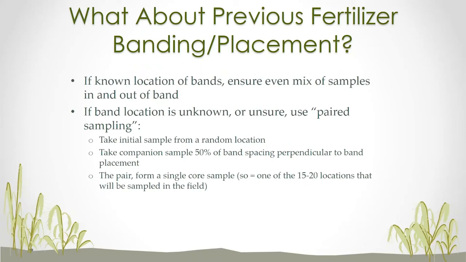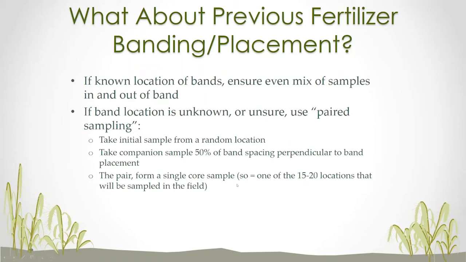And then both of those companion samples become a single observational point. So they become a single point sample for a composite then from the entire field. And we talk about that. So this would be one of maybe 15 to 20 locations we would take within that sampled field.